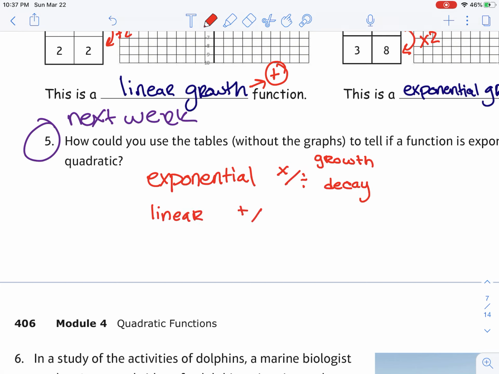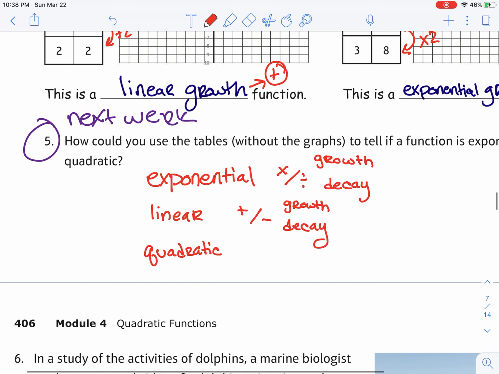Linear is an add subtract pattern where the add is growth and the subtract is decay. Then we have quadratic. Look for matches. I might also call this mirroring.